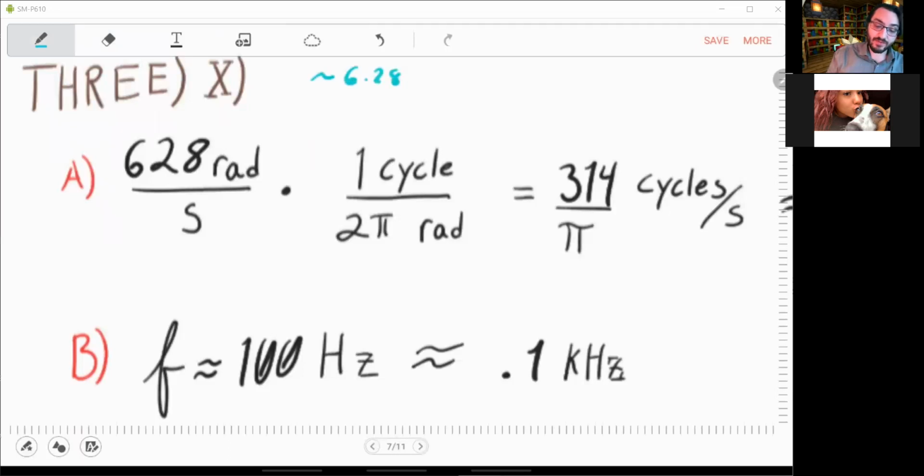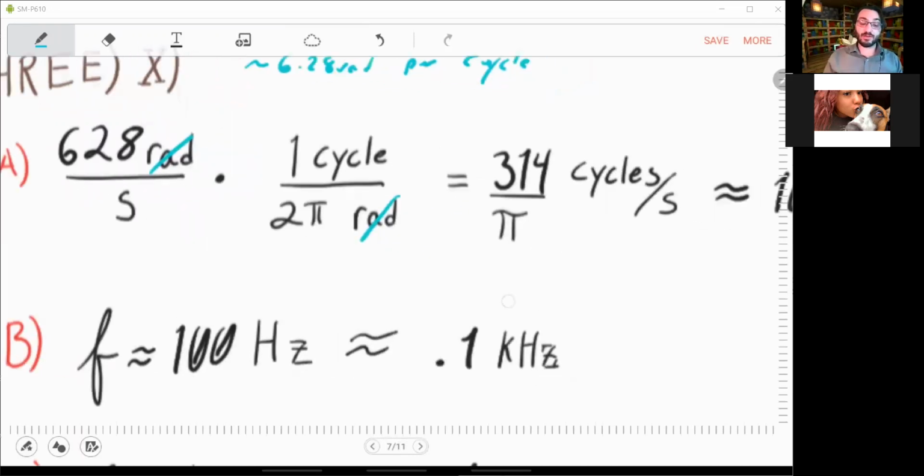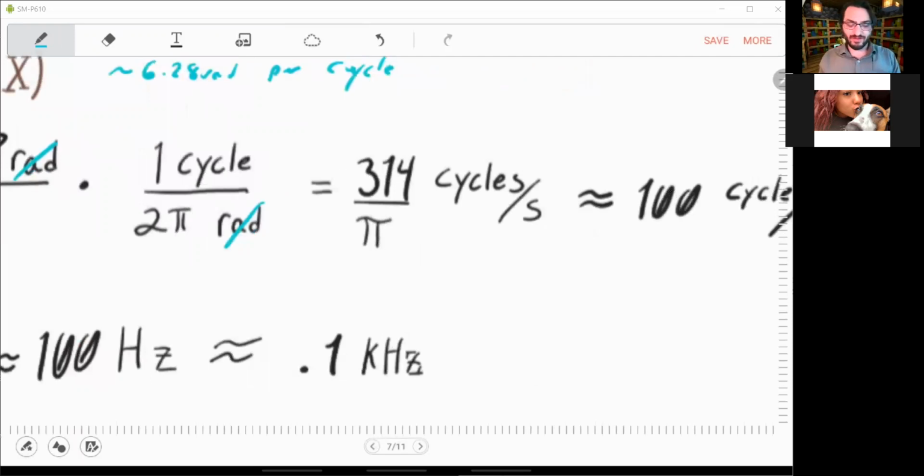That's approximately 6.28 radians per cycle. And so to turn my angular frequency in radians per second into cycles per second, I multiply it by 1 cycle every 2 pi radians. The radians cancel, and what I'm left with, and this is very clever of the problem's author, is 314 over pi cycles per second.